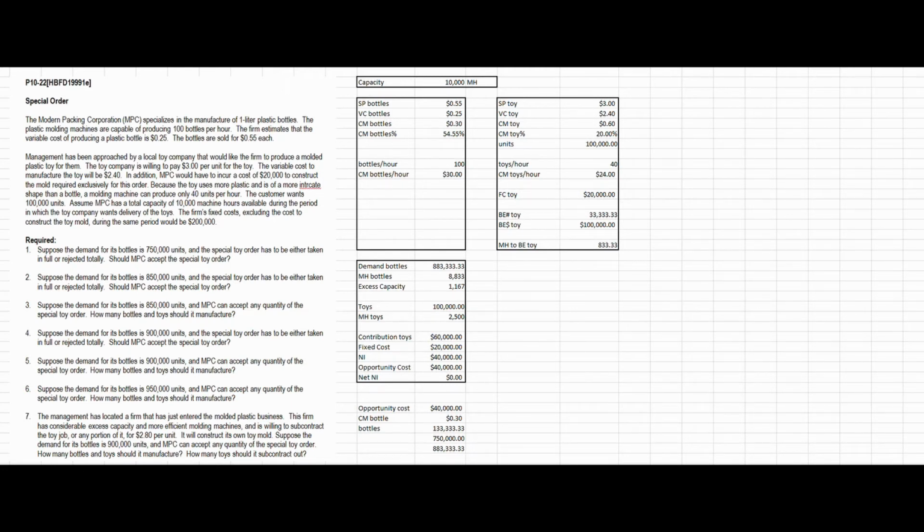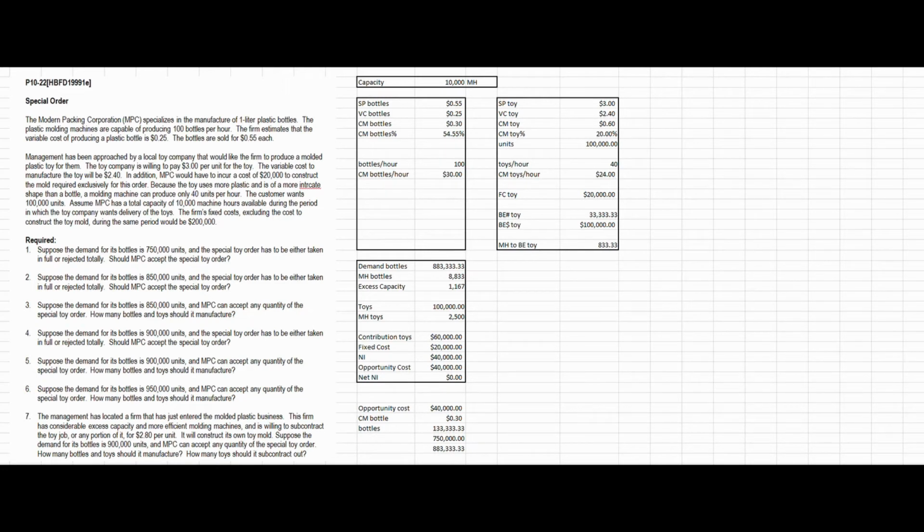So in summary, in this case where we have to accept the special order in full, we may have an opportunity cost. As the demand for our regular product, our bottles, goes up, the opportunity cost of accepting the special order goes up. Why?